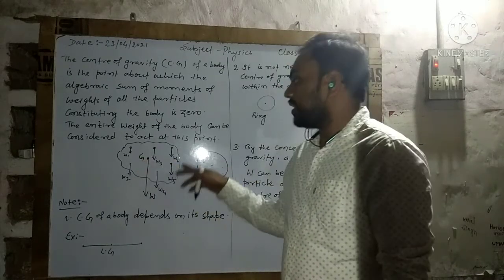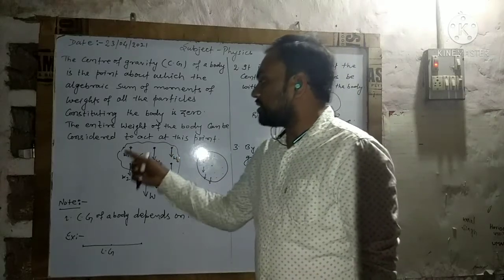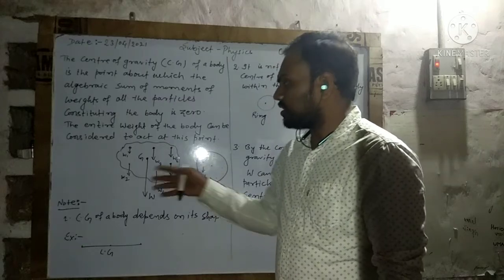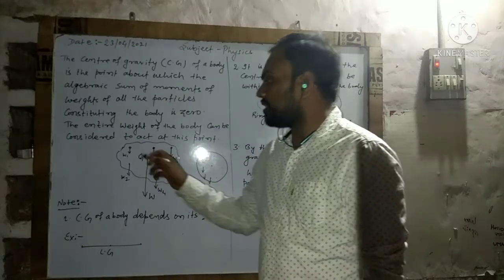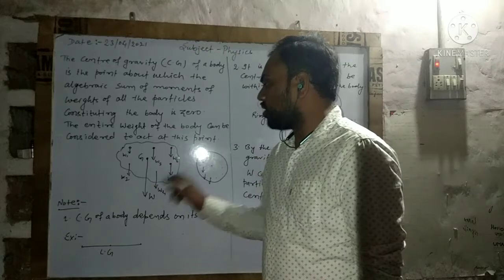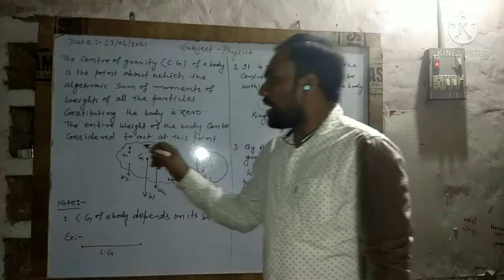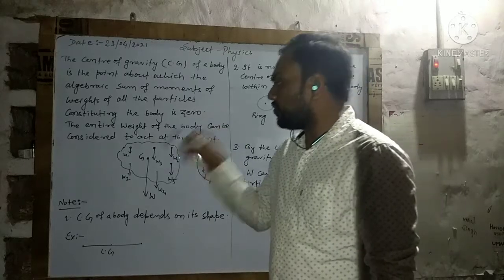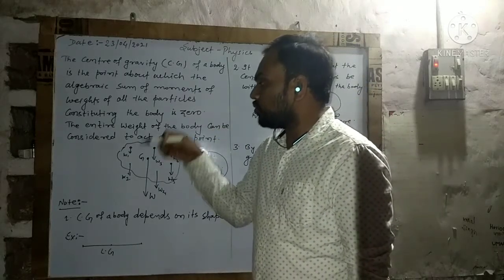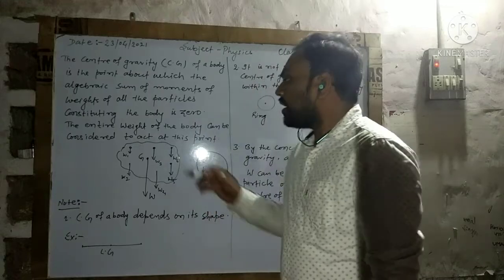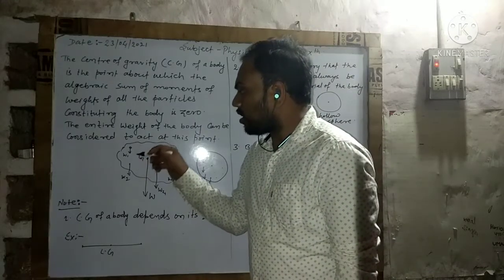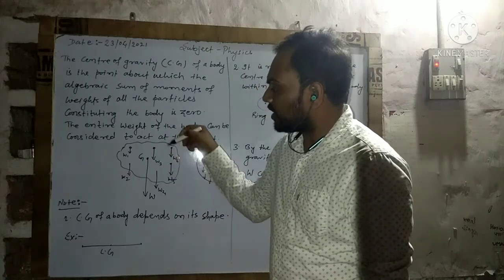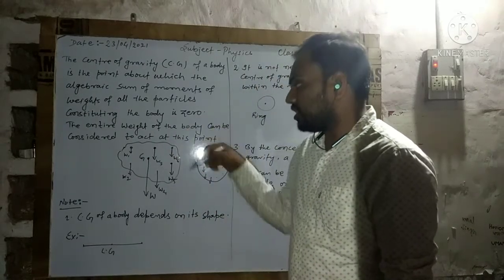As mentioned in this diagram, this irregular shaped body consists of many particles, let's say M1, M2, M3, and so on. Each particle exerts a force, that is weight, directed vertically downward towards the center of the earth.